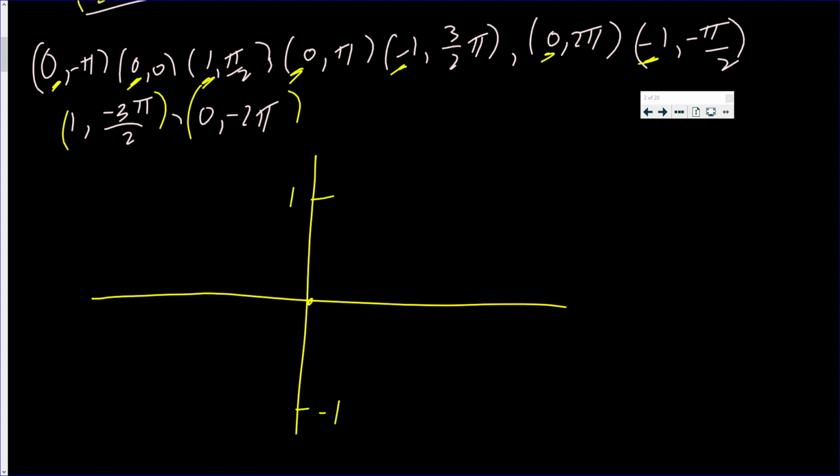And the y values, they go from 0 to -pi all the way up to 2 pi. In fact, they go forever. So like I said, x's go from 1 to -1 to 1.